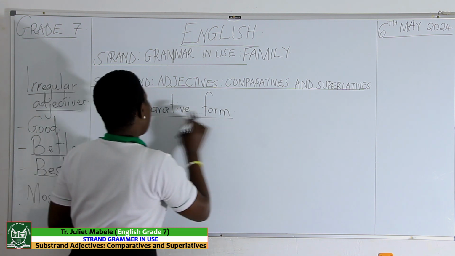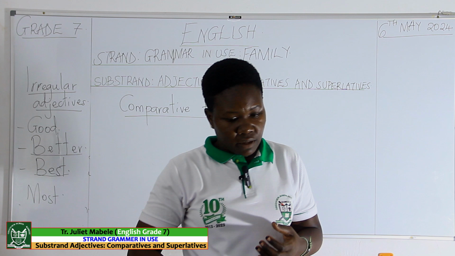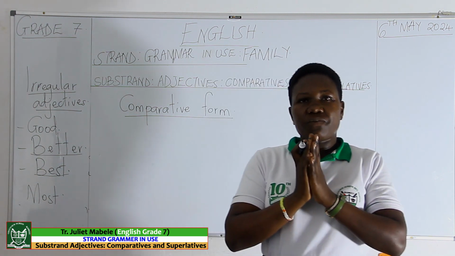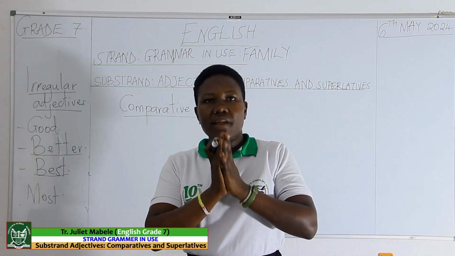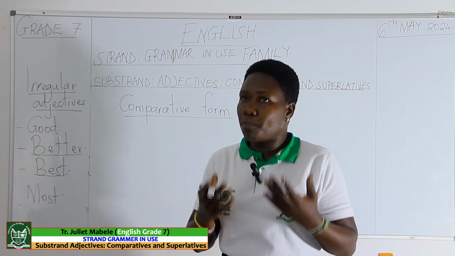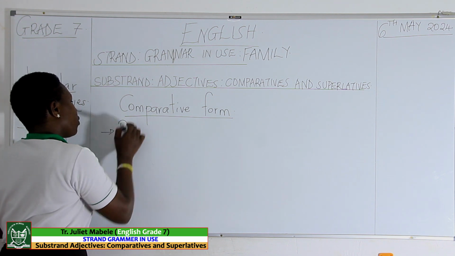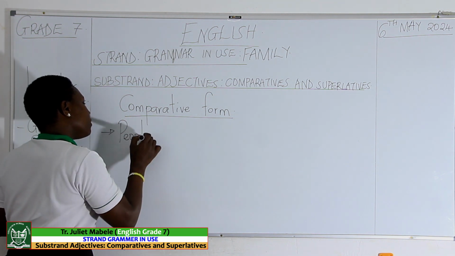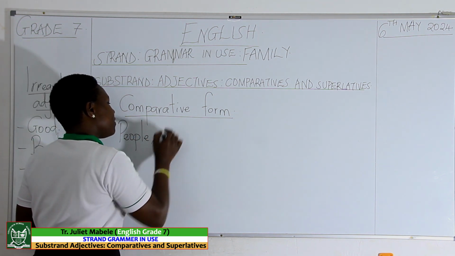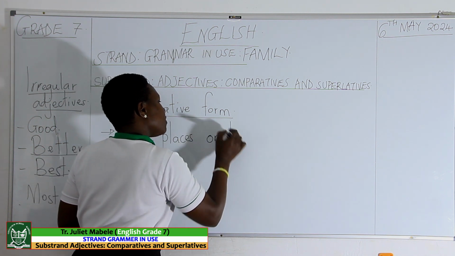Now, when we say the comparative form of an adjective, what do we mean? The comparative form means that we are comparing either two places, two things, or even people. We are comparing people, places, or things.